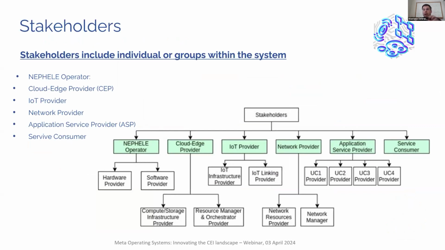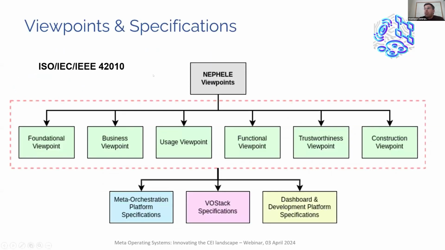One stakeholder may undertake more than one box, let's say, in this layer, considering the operator of the NFL platform, cloud and edge computing providers, IoT providers, network providers, and application service providers and service consumers. And we have followed existing specifications coming from the ISO 42010 standard to specify the different viewpoints of our architectural approach, considering foundational, business, usage, functional, trustworthiness, and construction viewpoints.